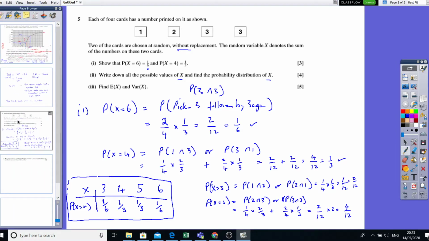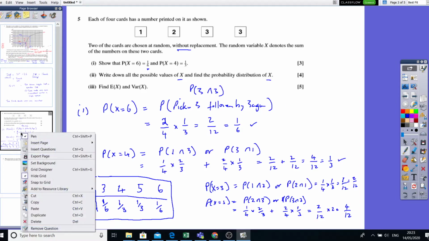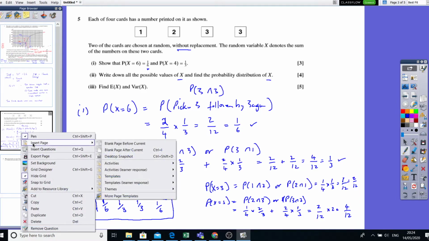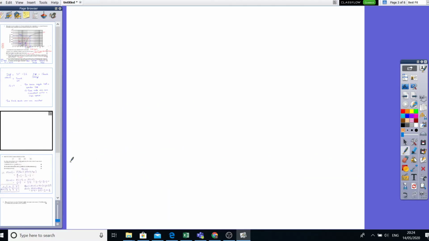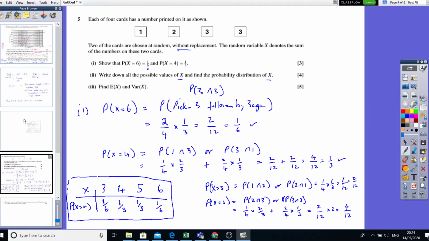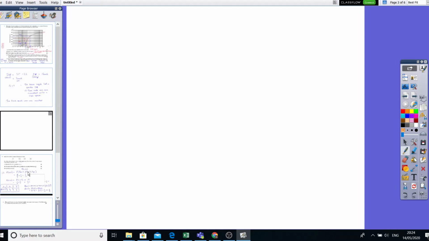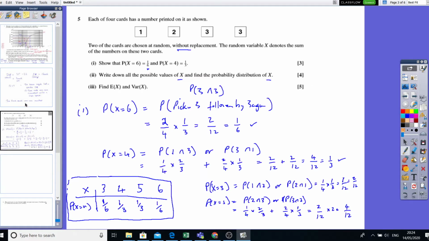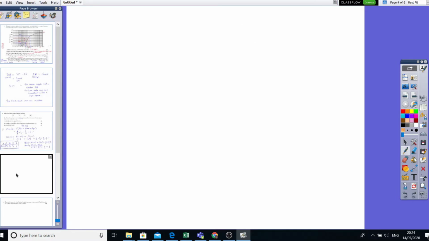What I could do here is quickly go through that to show you how to do it. Right, I'll just quickly show you how to do variance and expectation.